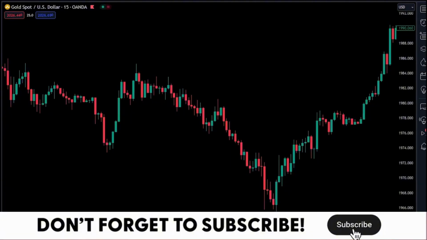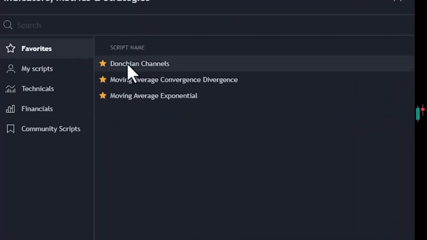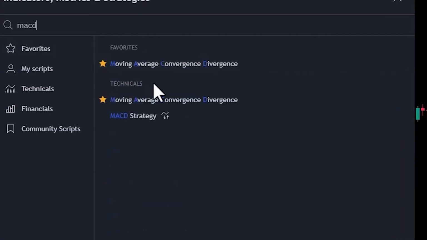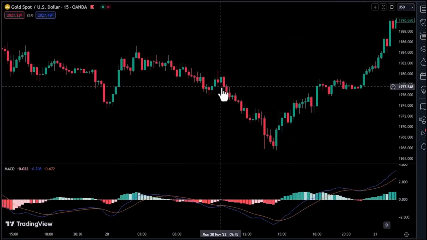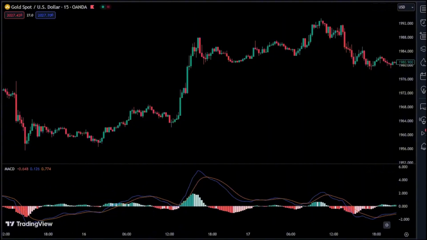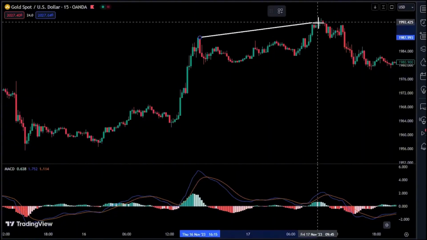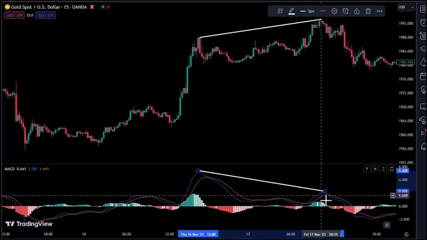Before we go into divergence and examine the method, I want to tell you why it differs from the simple divergences we've used before. I'll give a brief explanation about divergence. If we come to the indicator, to add it to the chart, when we added the MACD oscillator, we noticed that while the price increased, the MACD oscillator showed a decline.